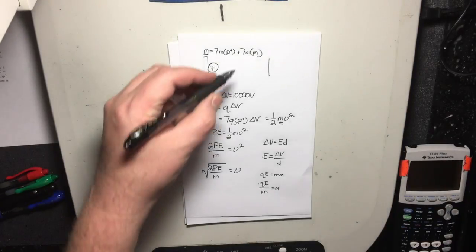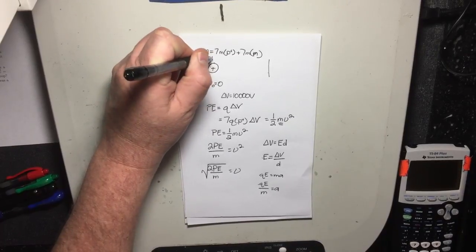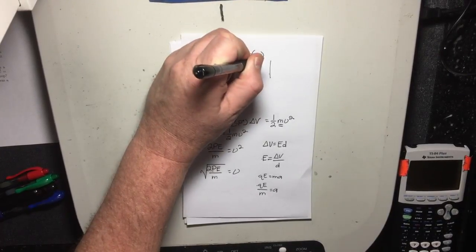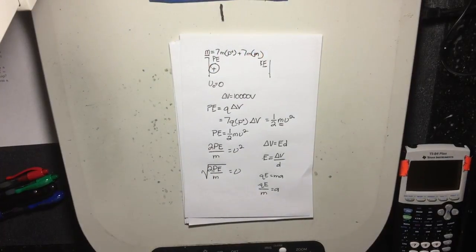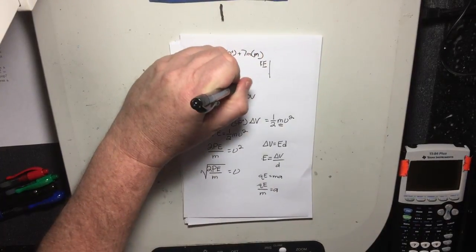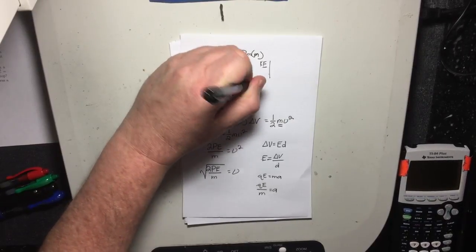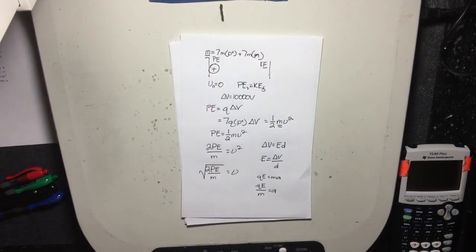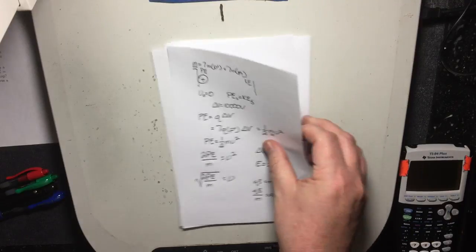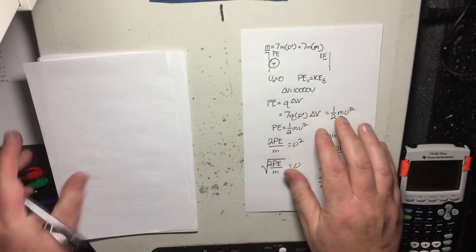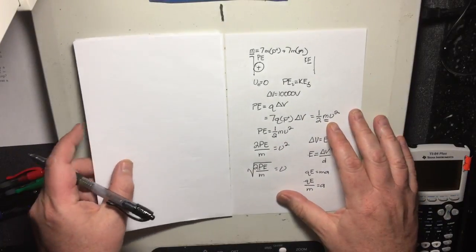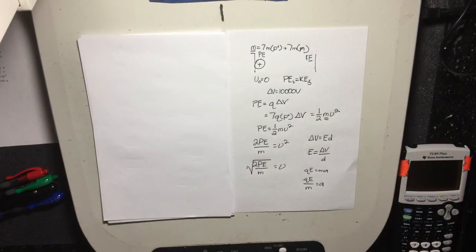The kinetic energy is equal to, at this point, it is all potential energy. At the end, it's all kinetic energy. Since there's no friction, you could say that the potential energy initially is the kinetic energy at the final. I would argue conservation of energy.